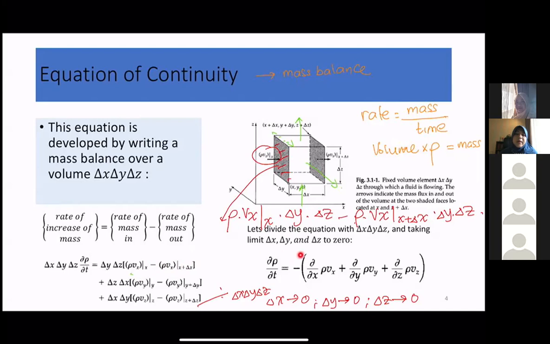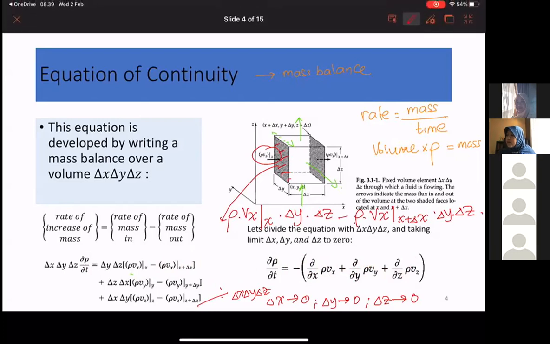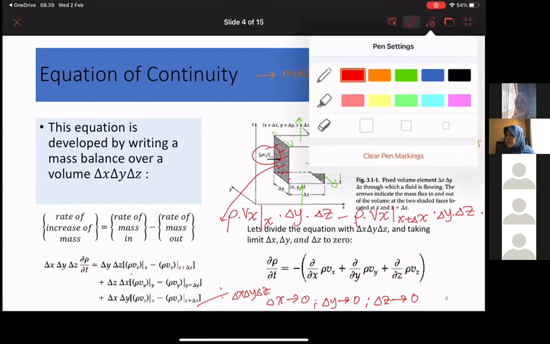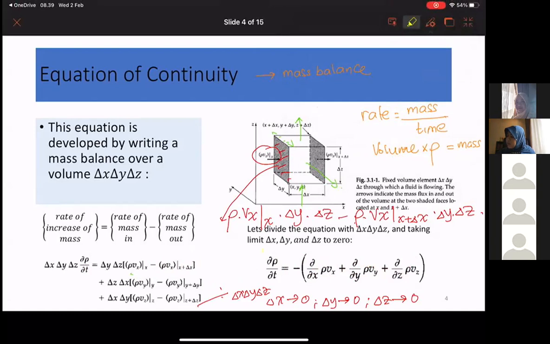So this becomes negative, and this one is the derivative with respect to x, this is the derivative with respect to y, and this is the derivative with respect to z. Okay, so there you go. And this is the basics of the equation of continuity.